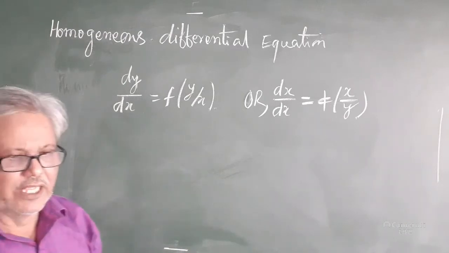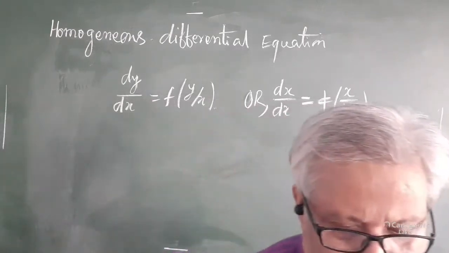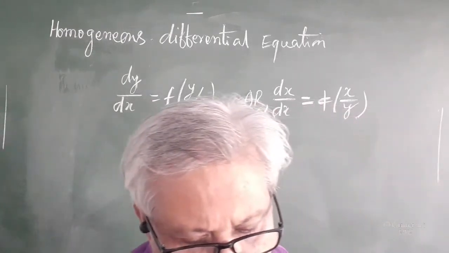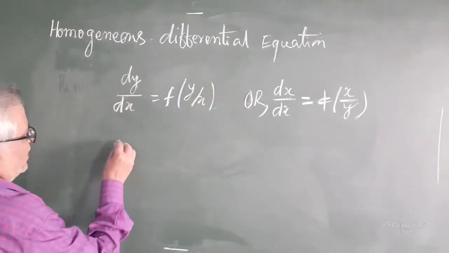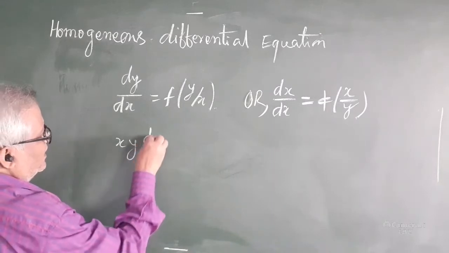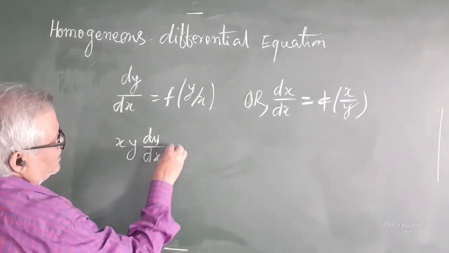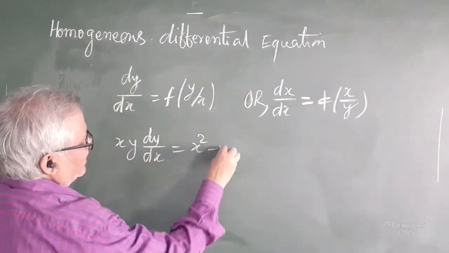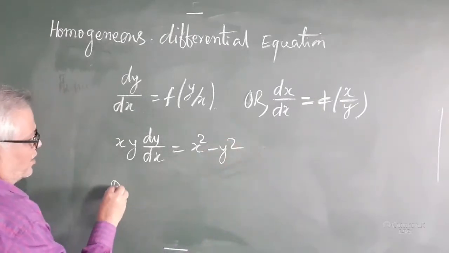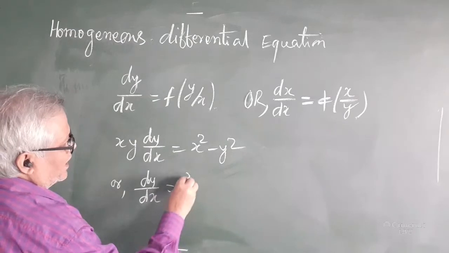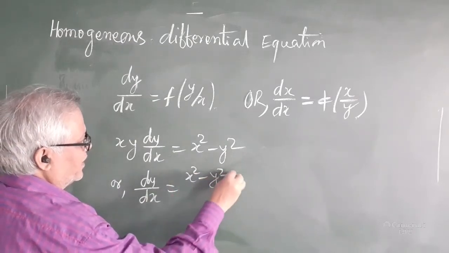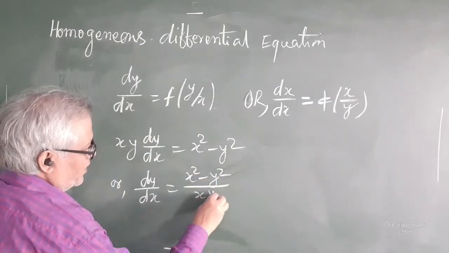For example, let us see one example: xy dy by dx is equal to x square minus y square, or I can write dy by dx is x square minus y square divided by x into y.